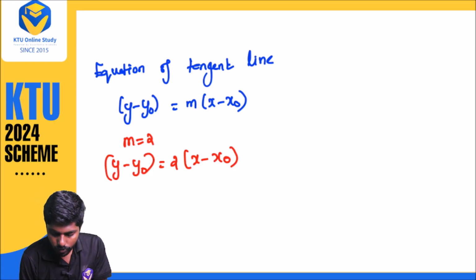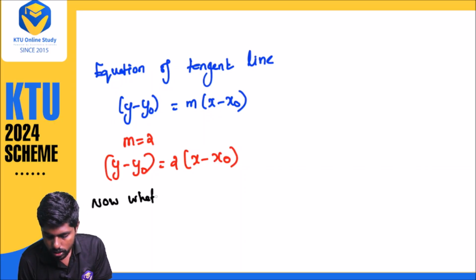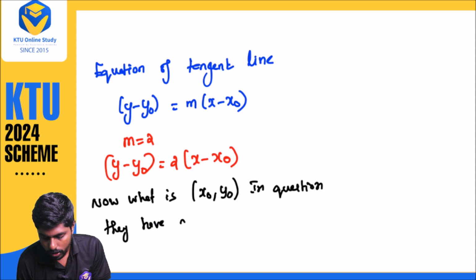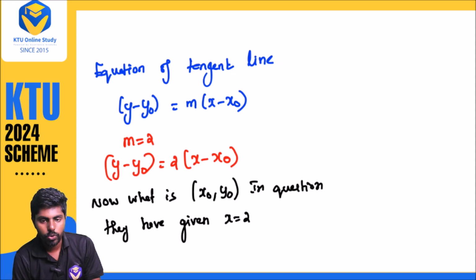Now, what is x naught comma y naught? In the question, they have given x is equal to 2. So when x is equal to 2, what will happen to y?